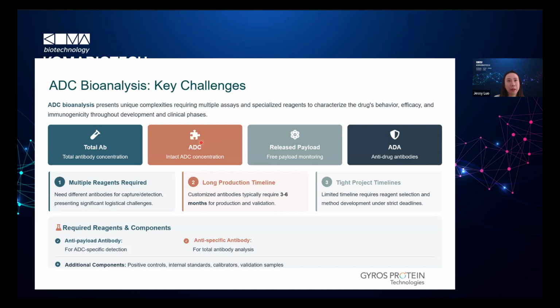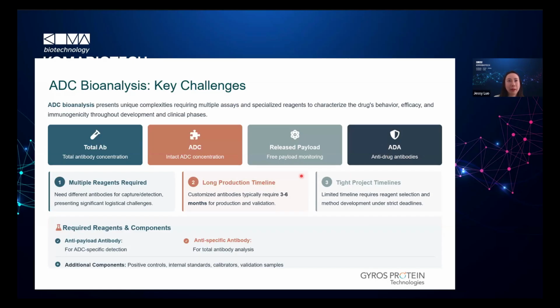Another analysis focuses on the total ADC, which is the intact ADC concentration, meaning only antibodies that have a payload will be detected. Then the small molecule part, the payload, will also need to be analyzed, but for this part, it's usually using a mass spectrometry analysis platform. And lastly, the ADA, similar to other biomolecules, also needs to be tracked.